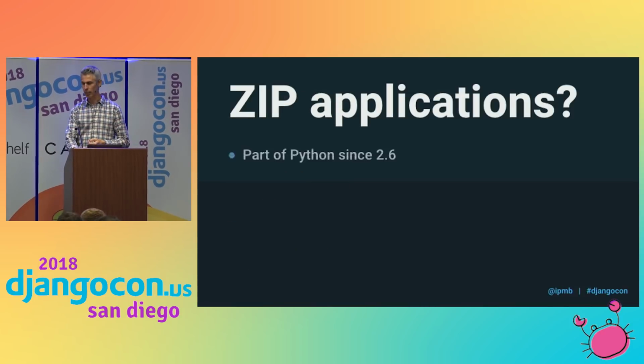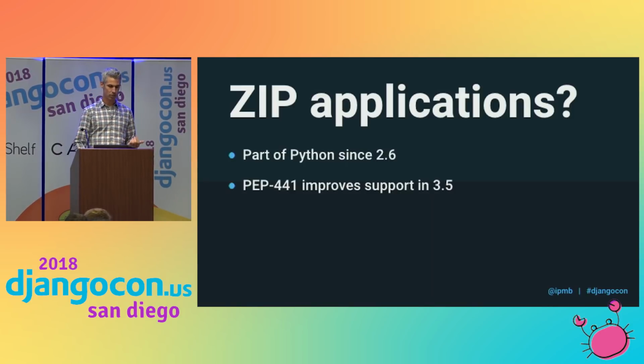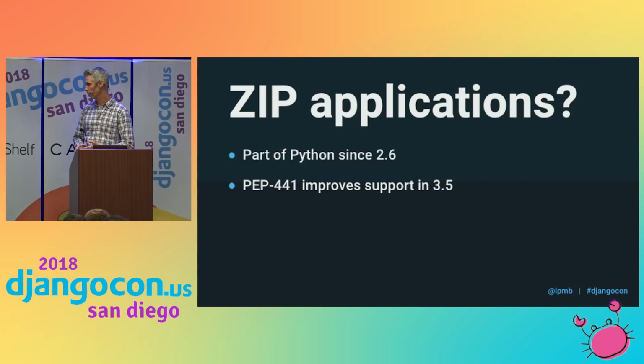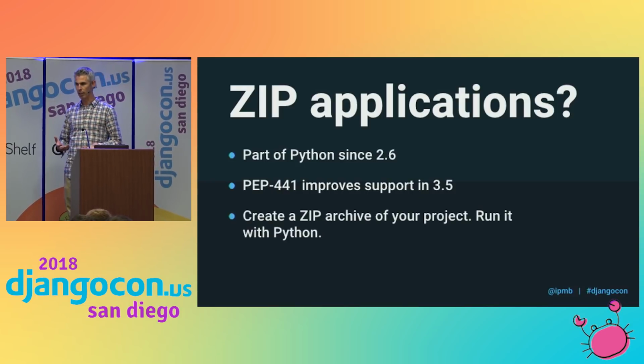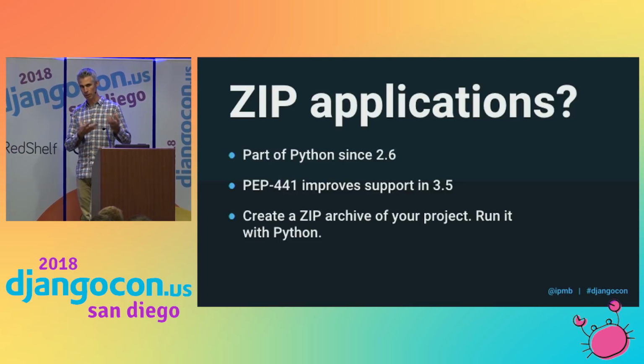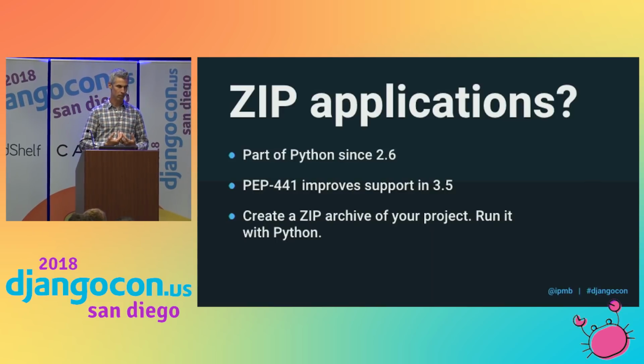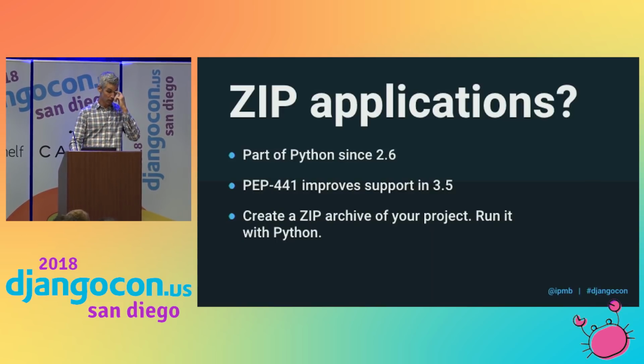Zip applications have been part of Python since version 2.6. They're not dead. They just got improved support in Python 3.5. They are a way to create a zip archive of Python files, and then you can actually run the zip archive with Python. It's kind of weird and crazy, but it works.